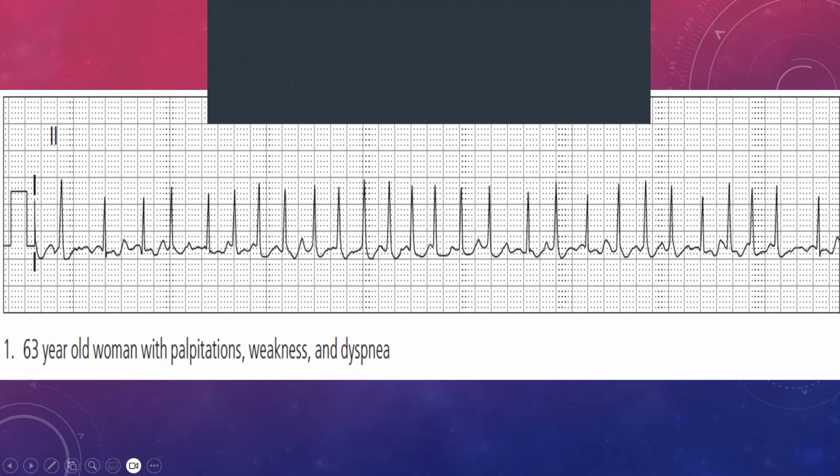So if you were to get a patient like this, of course, the palpitations would probably prompt you to do an ECG and to see what's going on. So instead of looking at a full ECG, I thought it would be easier just to look at the rhythm strip. Sorry, I just want to bring up the pointer.